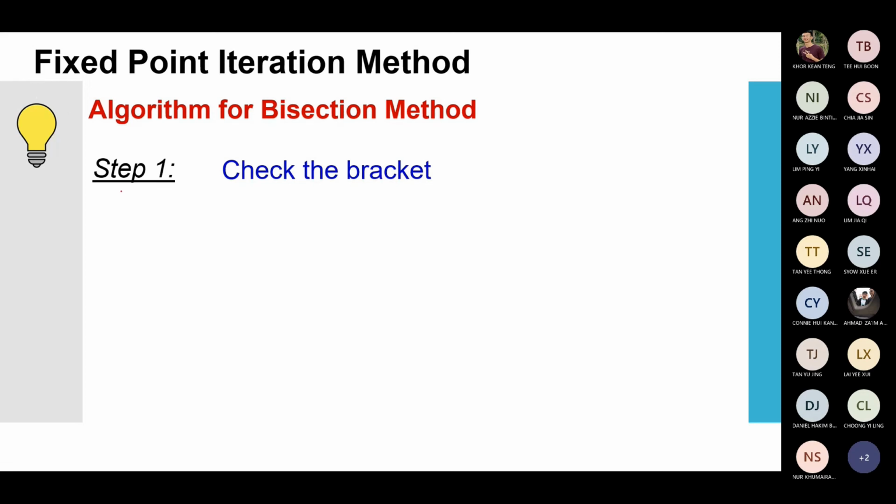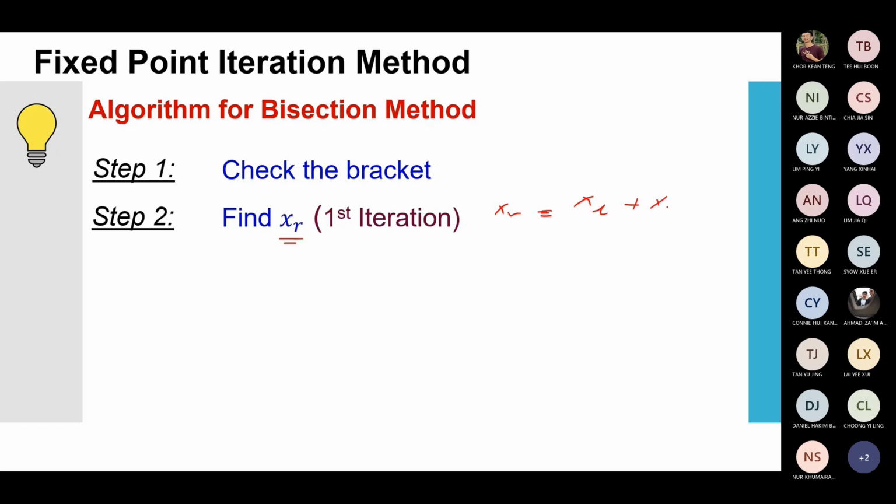The second step, you need to find the XR. XR is calculated based on the lower limit plus the upper limit, divided by 2. This is a new value to get us closer to the exact root.